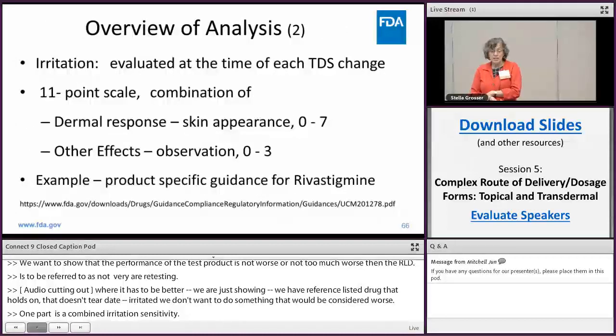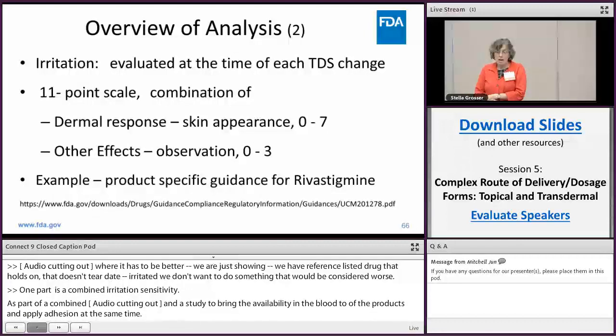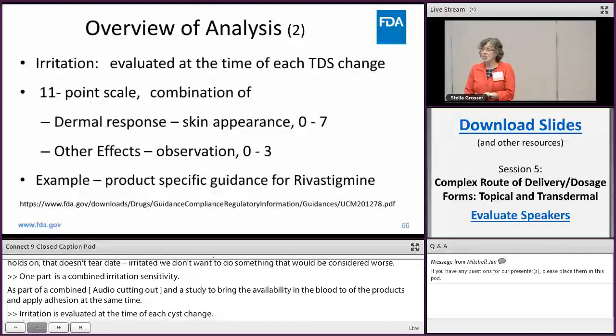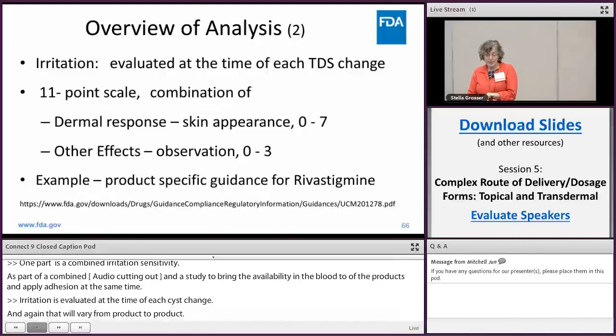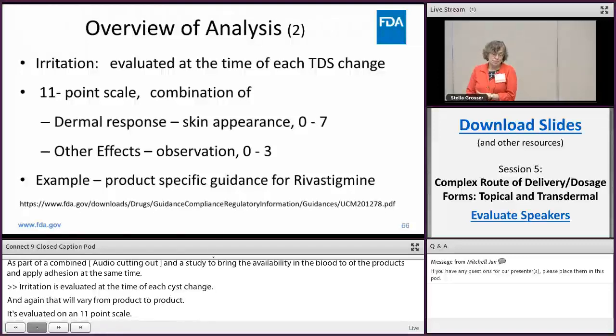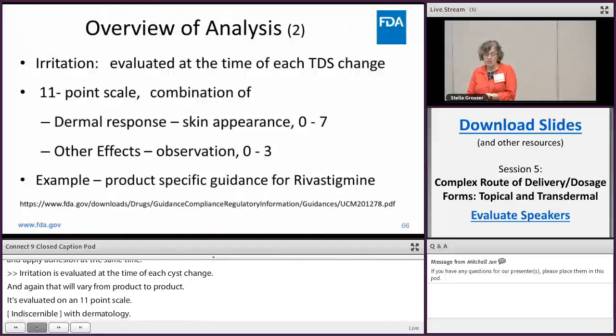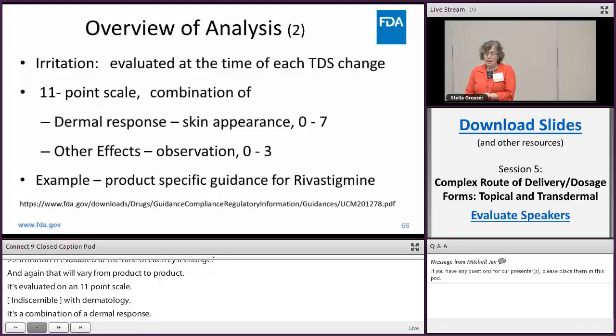Irritation is evaluated at the time of each system change, and that will vary from product to product. It's evaluated on an 11-point scale, which is, as I understand it, standard in dermatology. It's a combination of a dermal response, which refers to the skin appearance, 0 to 7, and there's also an other effects scale that might measure edema, etc., measured 0 to 3.